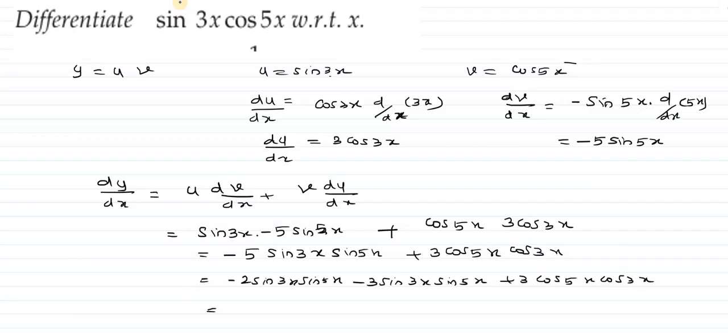Correct? So this will become minus 2 sin 3x sin 5x. Here, if you take 3 outside, cos A cos B minus sin A sin B is what? cos A plus B. Correct? So you will get cos 8x. Yes or no? cos 5x plus 3x, cos 8x, you will get.